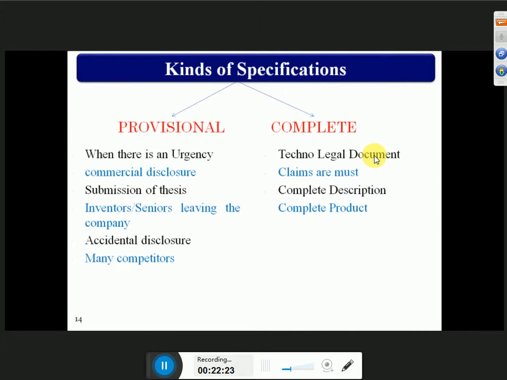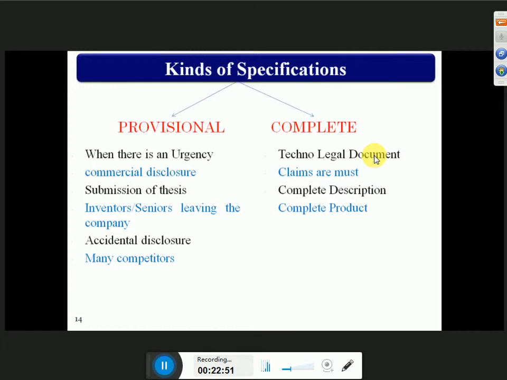The Patent Office India says that whenever you give the complete specification, you must disclose each and every small thing that you have designed into your product. If you are not giving some information, the time period that you can go for will be increased.